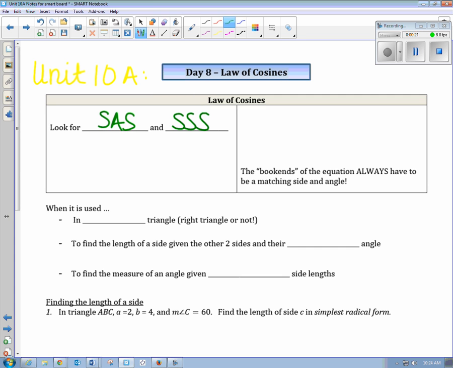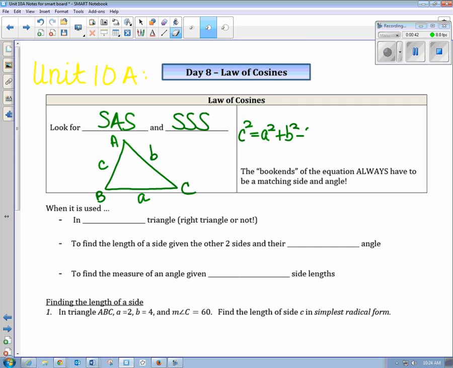So if we have a triangle and we'll call it ABC, remember the sides are lowercase letters across from the angle. Our law of cosines formula is c squared equals a squared plus b squared minus 2ab times the cosine of angle C. So this is an uppercase C over here.